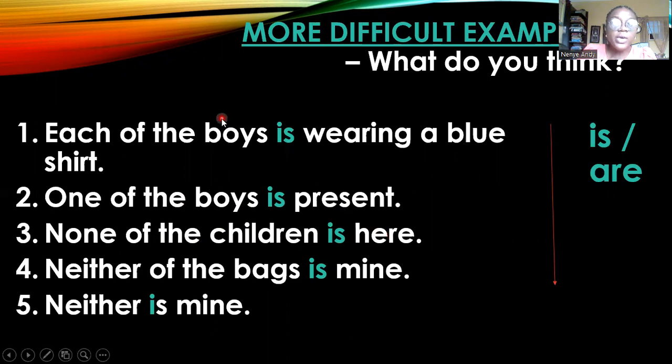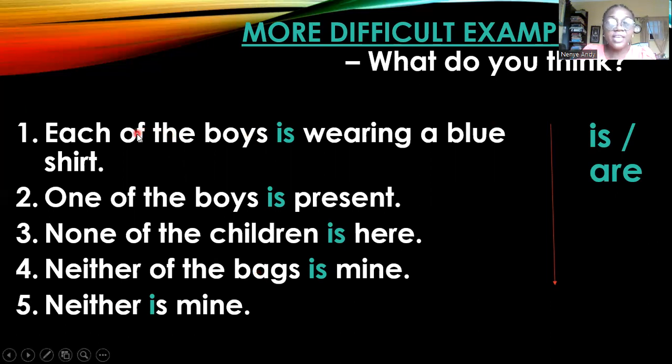You see, when we see words like each, one, none, neither, we do not get confused with the words after them. Of the boys, of the children, of the girls. No, we do not allow ourselves to look at such words.